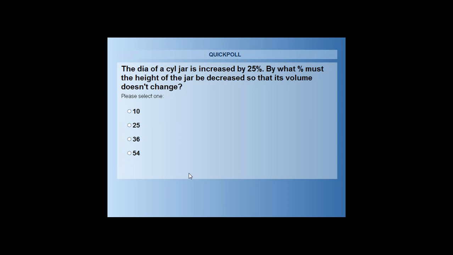Seems to be a question which needs some bit of calculation.